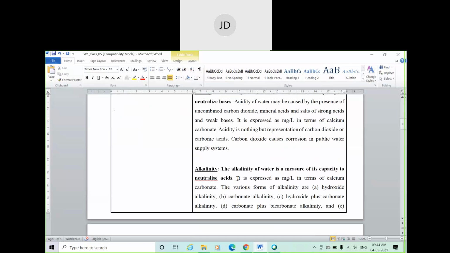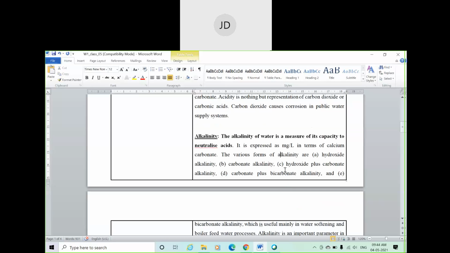This is also expressed in terms of calcium carbonate as milligram per liter. That means how many milligrams per liter of alkalinity are present in 1 liter of sample, so we can determine the amount of alkalinity.